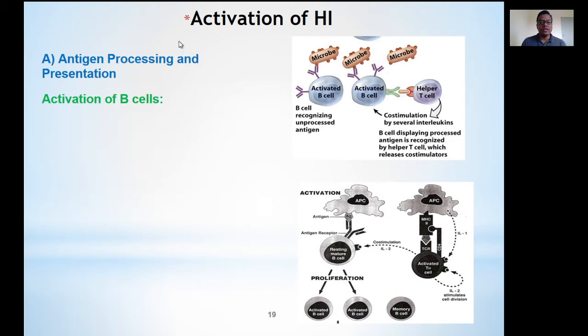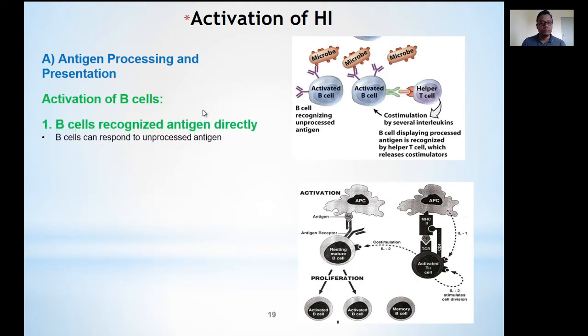So we begin with how humoral immunity is activated. First we start with antigen processing and presentation, which activates the B cells. Activated B cells then will produce antibodies. So we begin with the first mechanism. B cells themselves are able to recognize antigen directly.